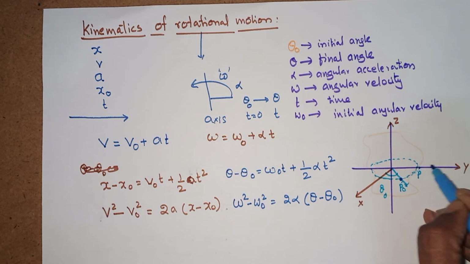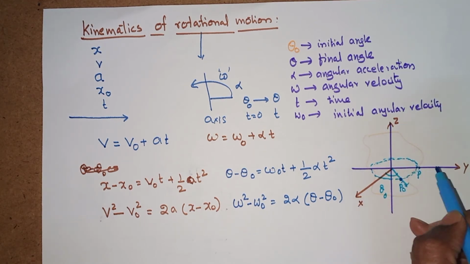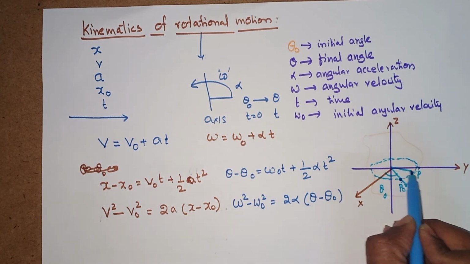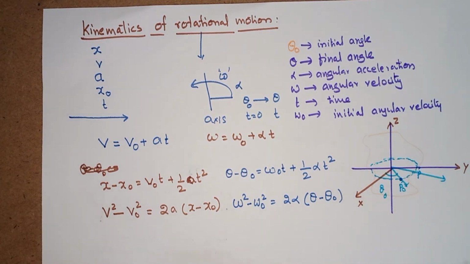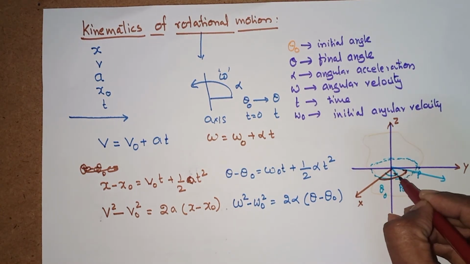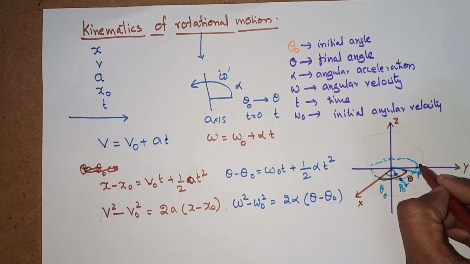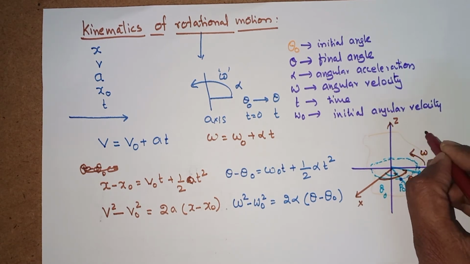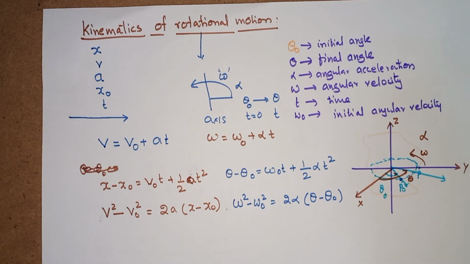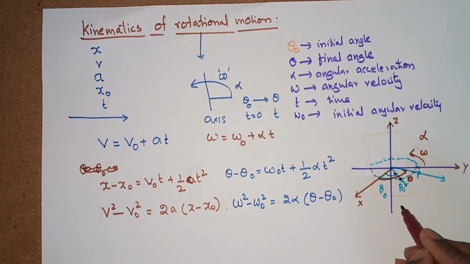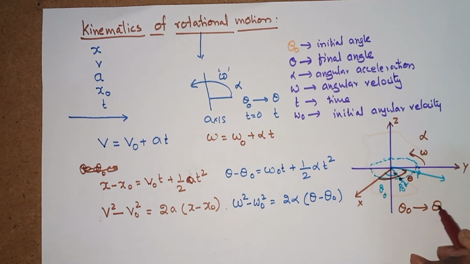Within the same circle, if you draw another vector, earlier it was theta naught, now this is theta, with angular velocity omega and angular acceleration alpha. The time taken from p naught to p, theta naught to theta, is t.